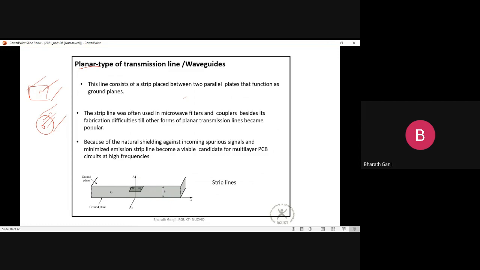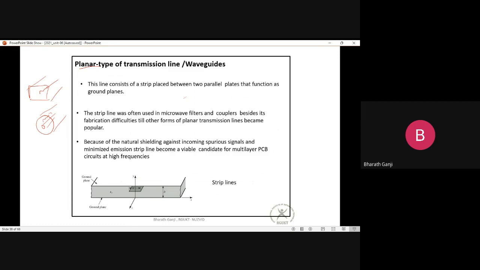So strip lines are usually used for microfilter designs and coupler designs, and because there is a top ground plane and a bottom ground plane, the center conductor is shielded from the outer environment, so that minimizes any spurious signals that are coming from the outside world. So there is good EMI EMC protection, and these kinds of things work very well when you're dealing with multi-layer PCB designs at higher frequencies, right?